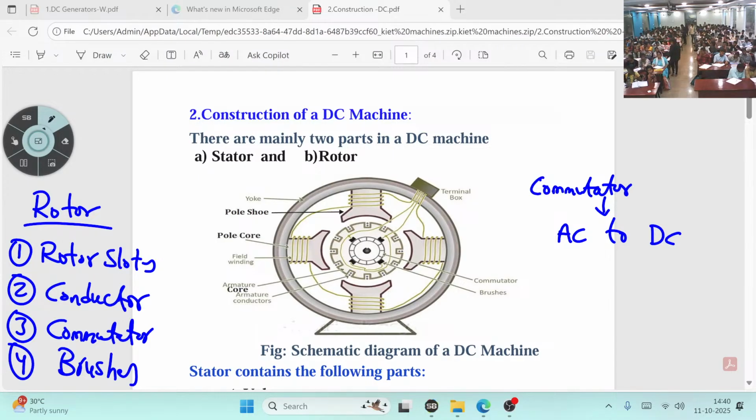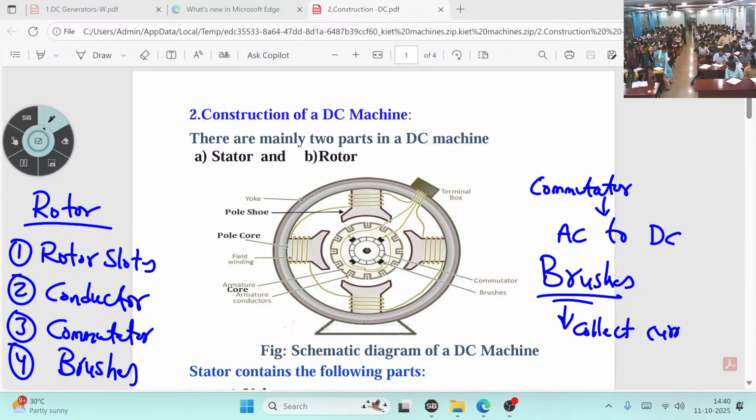What is the function of the brush? The brushes will collect the current from the commutator.